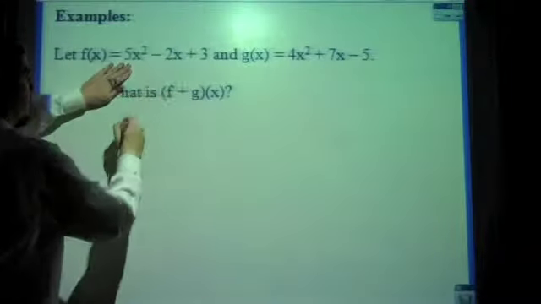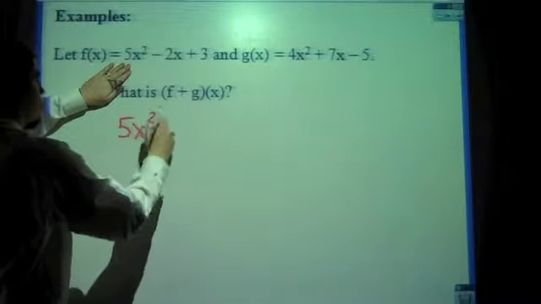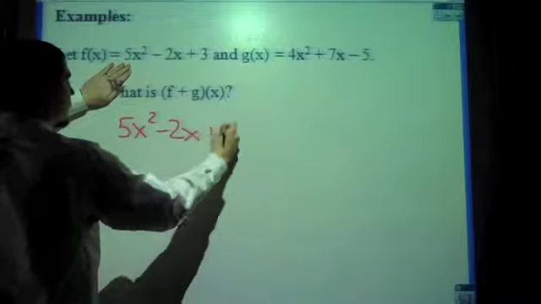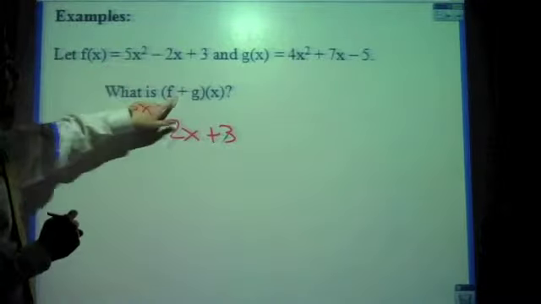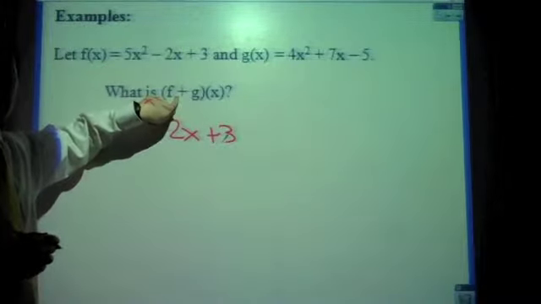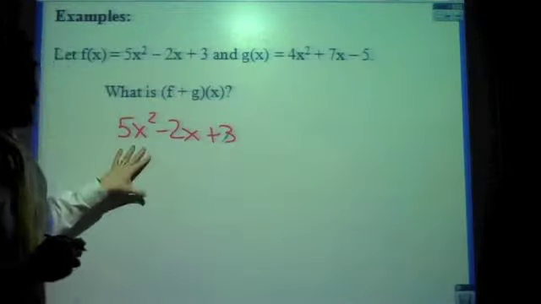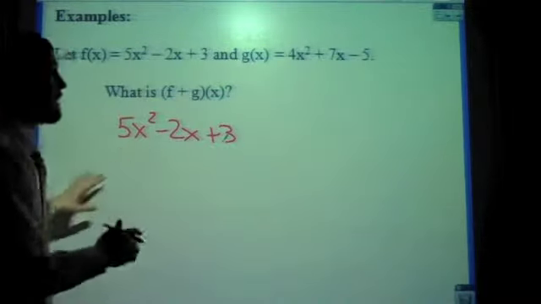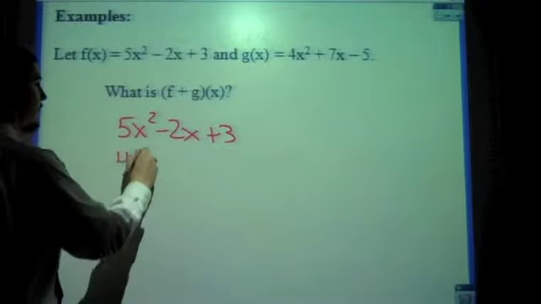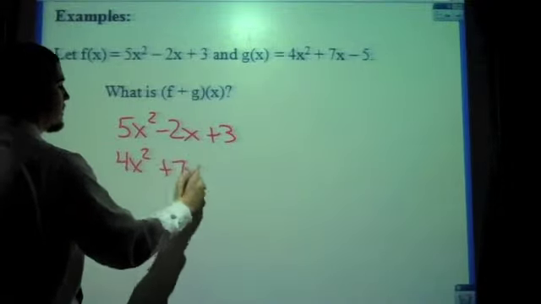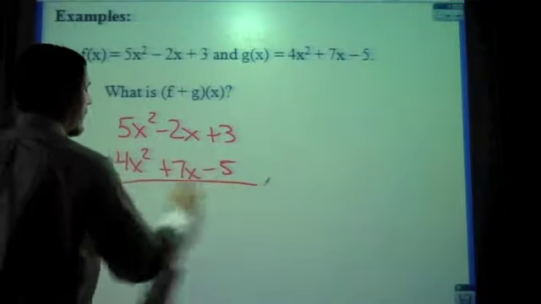So we're going to take our first polynomial and we're going to write it: 5x squared minus 2x plus 3. Since it's plus, I don't have to distribute my minus sign if you recall the steps. I'm going to take my second polynomial, write it underneath my first one, matching up the exponents. So that's going to be 4x squared plus 7x and minus 5.